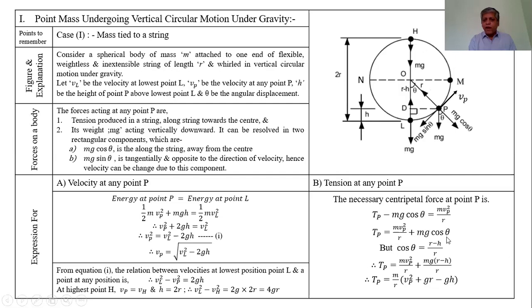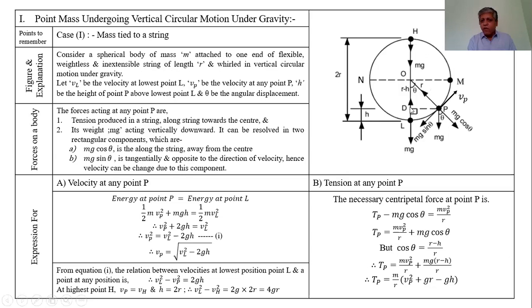But from the right angle triangle ODP, OP is equal to R. OL is also equal to R, but LD is equal to h. Therefore, OD is equal to R minus h.